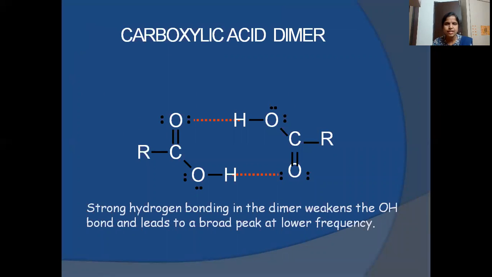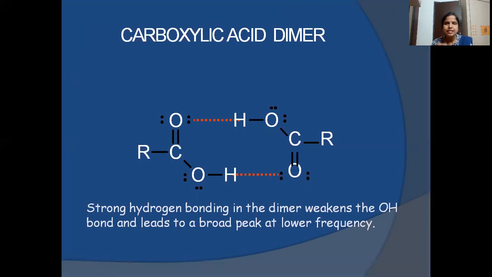As I said, carboxylic acid exists as a dimer. Because of the strong hydrogen bonds in the dimer, which weaken the OH bond, it leads to a broad peak at the lower frequency. So that is the reason.